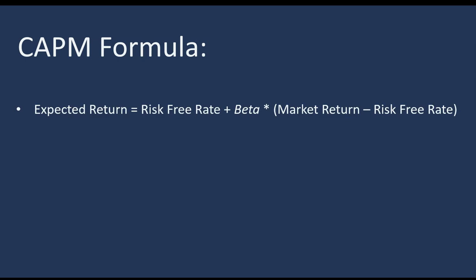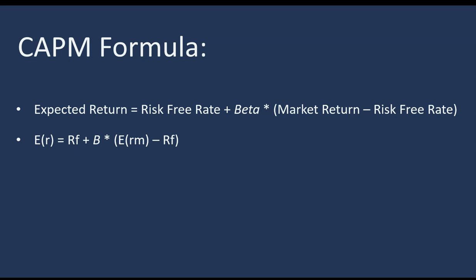All right, now for the formula. These all say the same thing, just abbreviated a little differently. In long word form, expected return equals the risk-free rate plus beta times market return minus risk-free rate. We've talked about all of these terms, but simplifying it: risk-free, RF, plus beta times the expected return of the market minus risk-free.